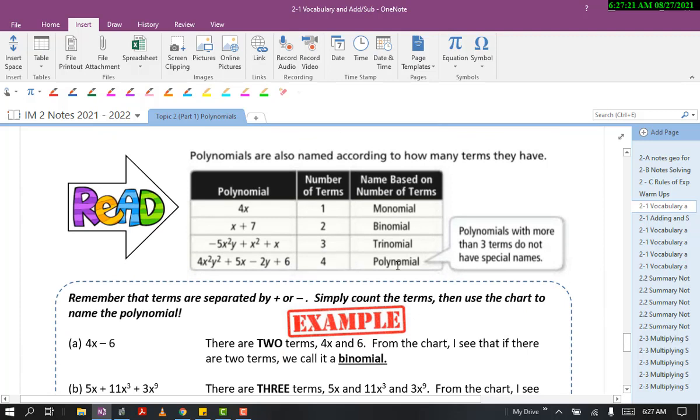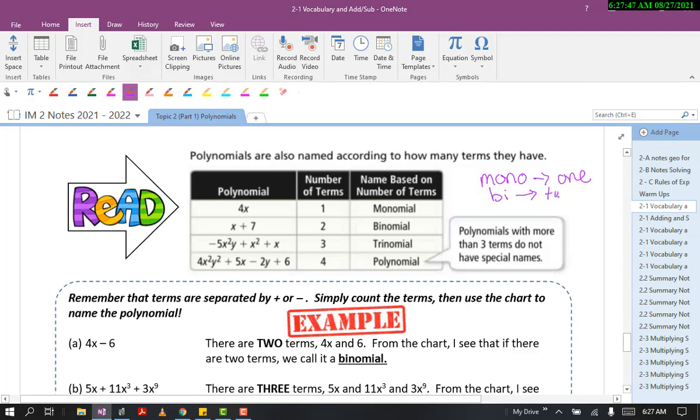Well, polynomials are also named according to how many terms they have. And we kind of talked about that already with the monomial. Monomial, again, mono means one. If we look at binomial, bi, if we're talking about bicycle, biped, a bicycle has 2 wheels, a biped has 2 feet or legs. I don't remember which it is, but both are true.